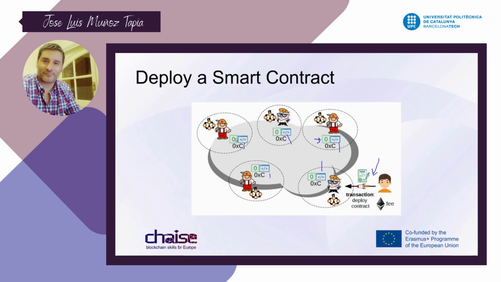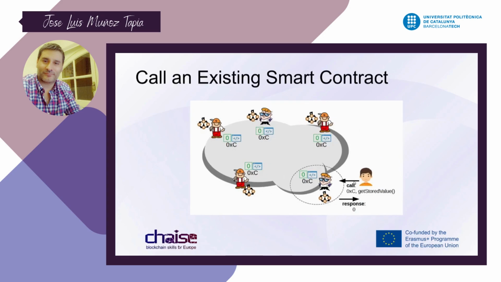The storage of this smart contract uses one slot, and the value of this slot is 0 everywhere. So when we call get stored value the first time, we are just asking one of the nodes to call this function in this smart contract, and the node is just returning to us the current value that is 0.